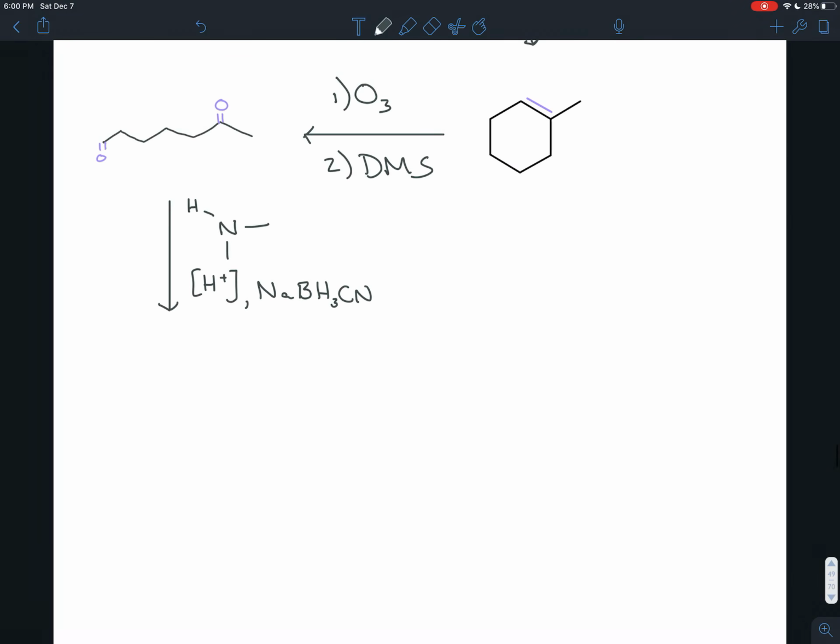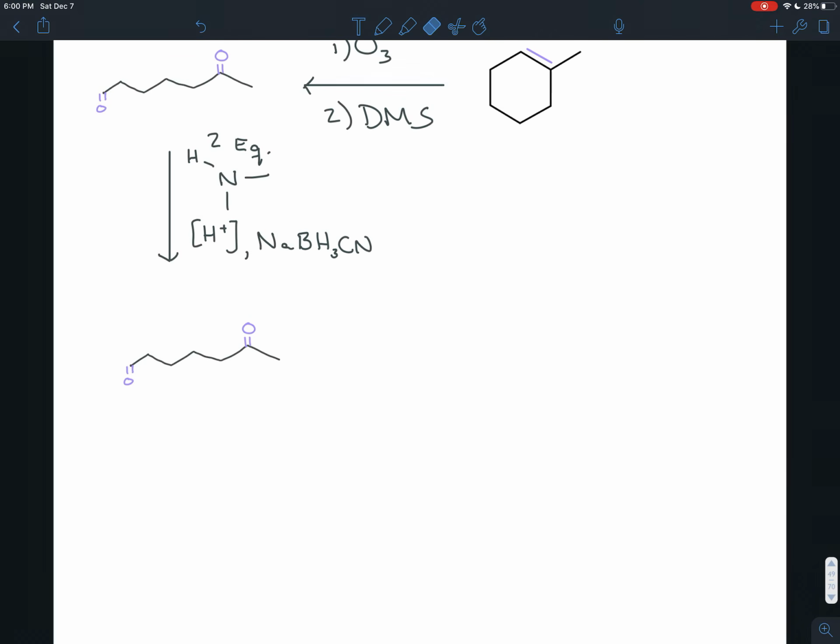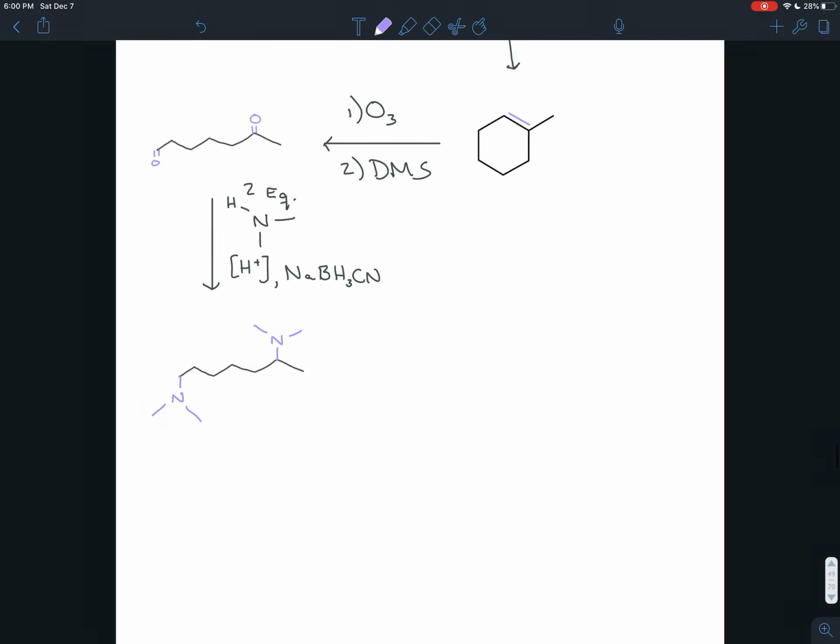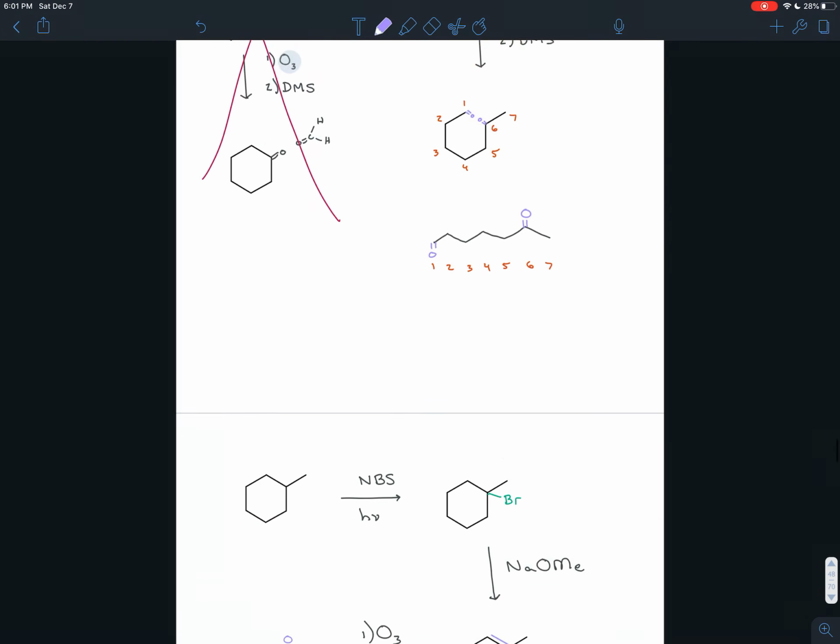That will do a reductive amination that will replace those carbonyls with amines, the amines that we added. So we'd have two equivalents of this amine, and that would replace the carbonyl with the amine. So nitrogen, two methyl groups. Nitrogen, two methyl groups. And that was the product that we wanted to make.